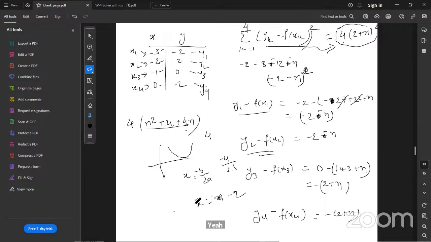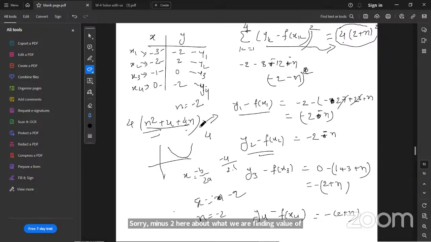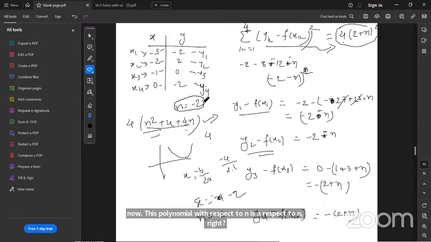Here what we are finding? Value of n, this polynomial with respect to n, right? So what will be your minimum? The value of n is -2. It means that at n equals -2, this polynomial will have the minimum value, right? So that you exactly need to find.